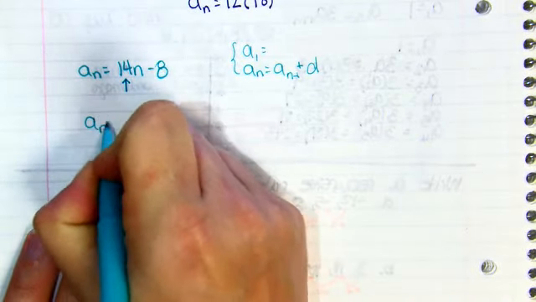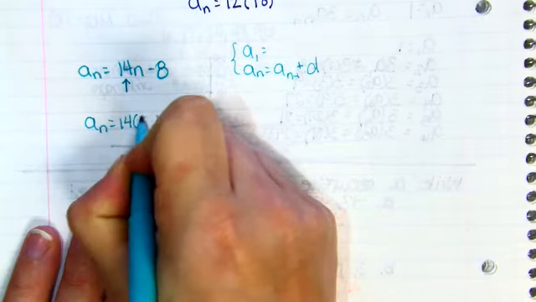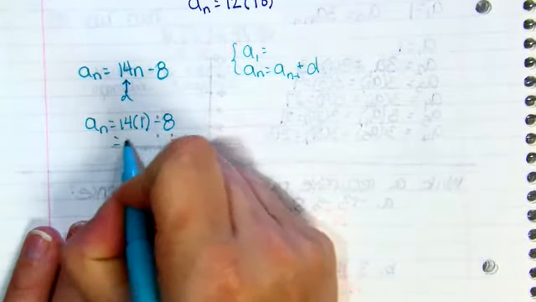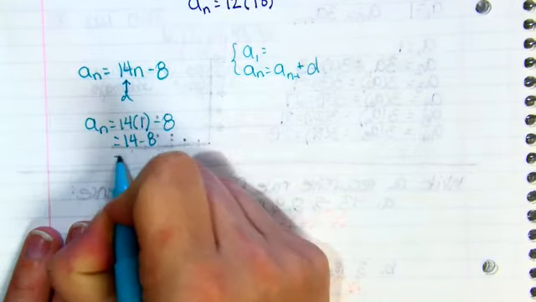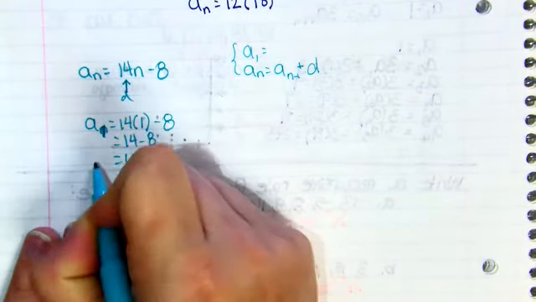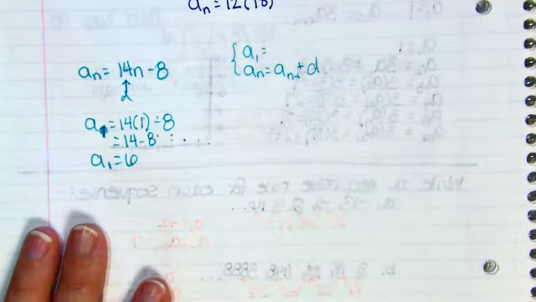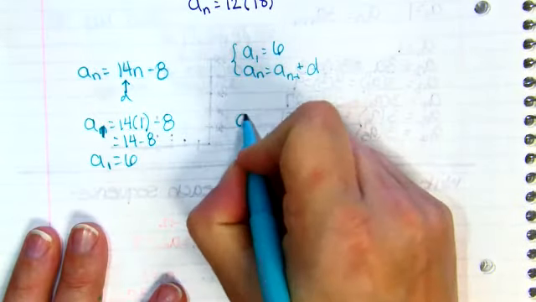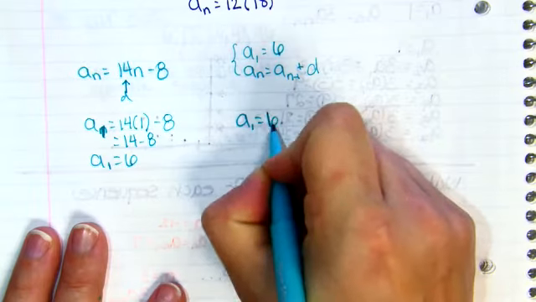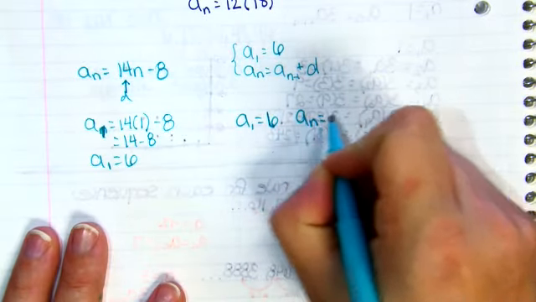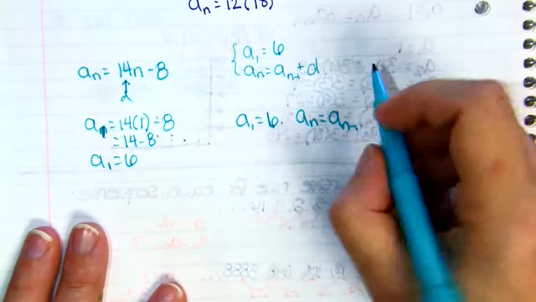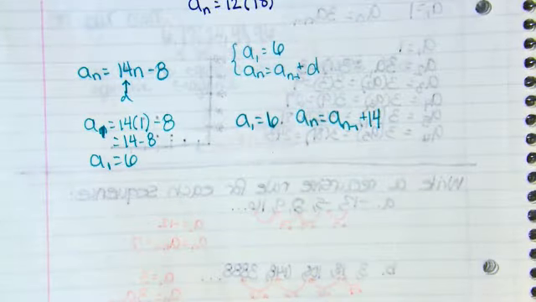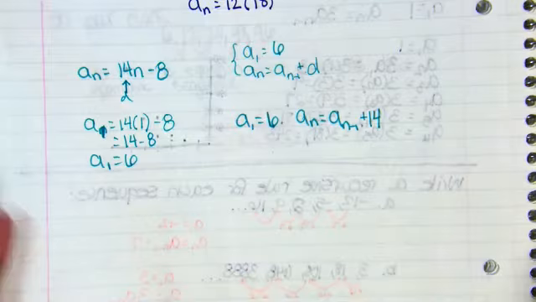So I'm going to do a sub 1 equals 14 times 1 minus 8. So 14 minus 8 is 6. So my first term is 6. My common difference is 14. So my recursive formula would be a sub 1 equals 6, and a sub n equals a sub n minus 1 plus 14. So that was easy enough.